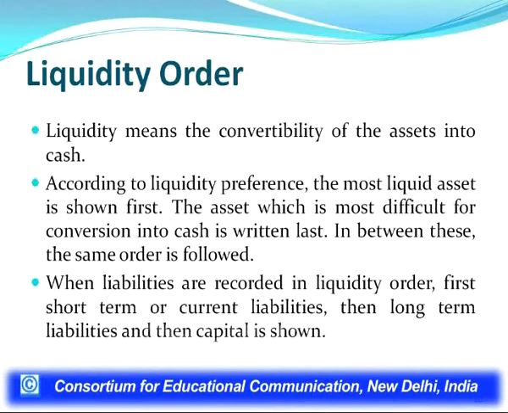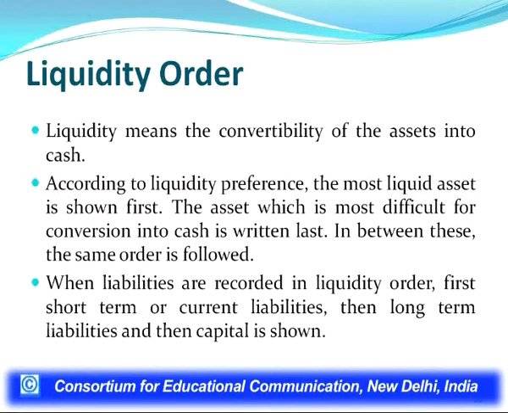In between, the same order is followed. Similarly, when liabilities are recorded in liquidity order, first we record short term or current liabilities, then long term liabilities, and then the capital, because the capital is paid in the last. Outside liabilities are paid first.